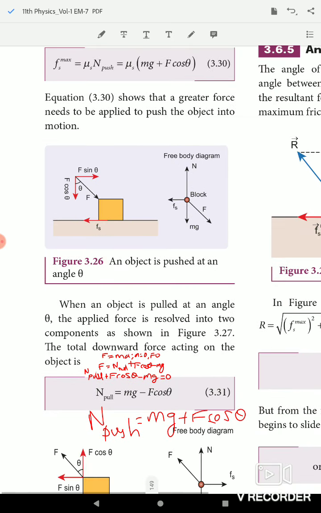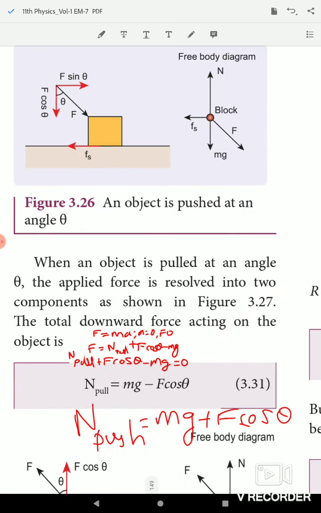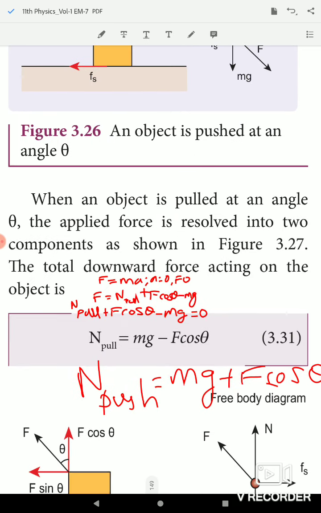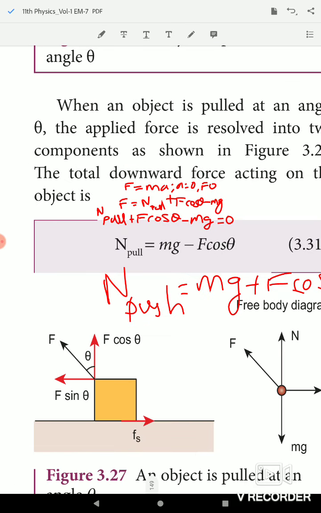Then when an object is pulled at an angle theta, the applied force is resolved into two components. The same as this one. F cos theta acts in the normal force direction, but F sin theta acts in the negative x direction.